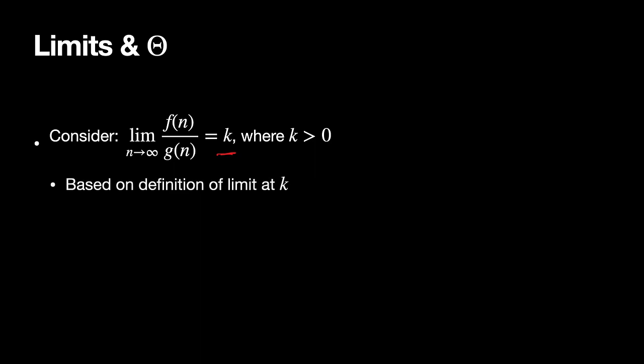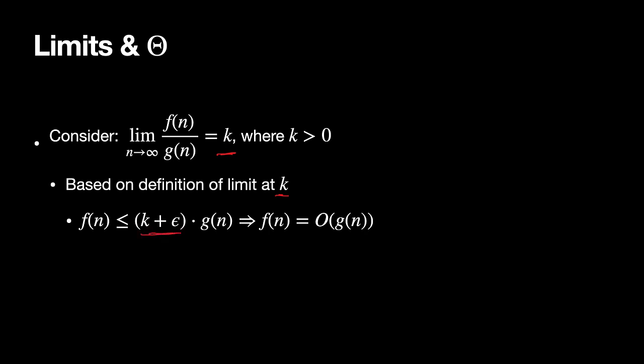So based on the definition of a limit at k, we know that our function f is going to be less than or equal to k plus epsilon times g, which basically aligns with our definition of big O. We've got some constant c times our function g.